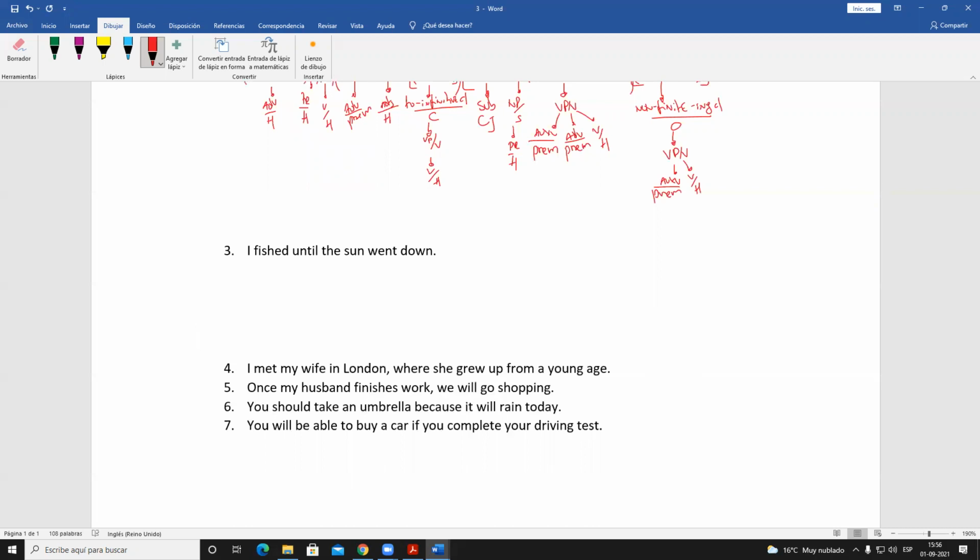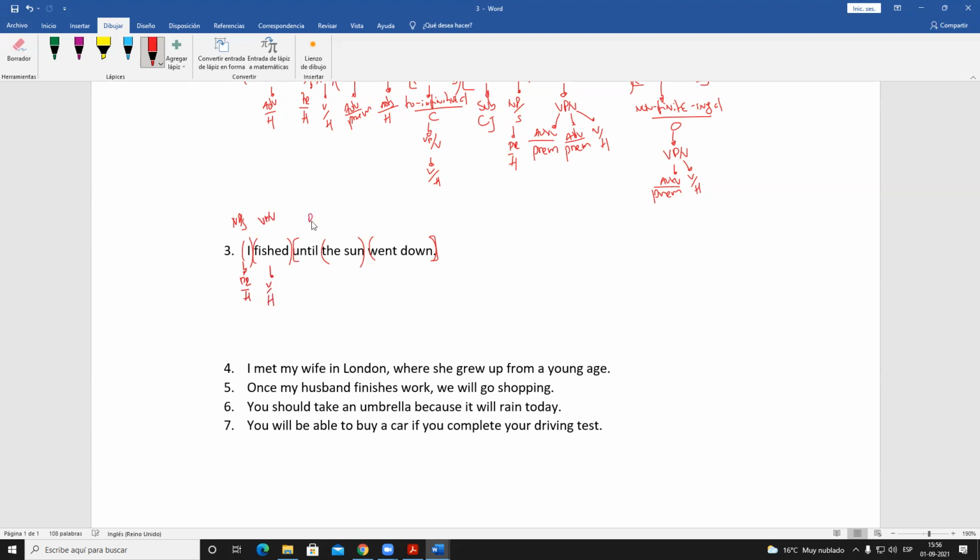No? Good. I fished until the sun went down. Okay, fished. I until the sun went down. Until is another subordinating conjunction. Therefore, I have another phrase, another clause. The sun went down. This is simple. Therefore, it's a noun phrase subject made out of a pronoun head, then a verb phrase verb made out of a verb head.